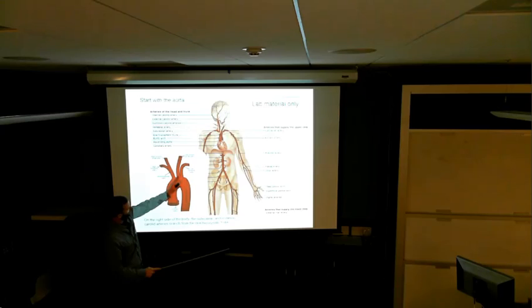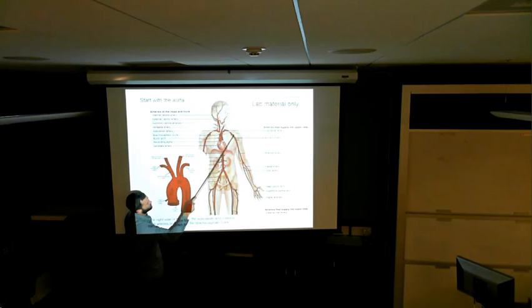The left subclavian. Subclavian meaning under the clavicle. So there's the clavicle right there. The left subclavian artery goes underneath it. It goes in the scapular region, and at that point, what does it become? The axillary artery. Obviously our models aren't really drawn to scale, but you need to have the order correct, at minimum.